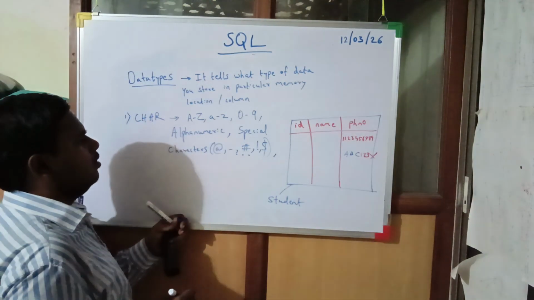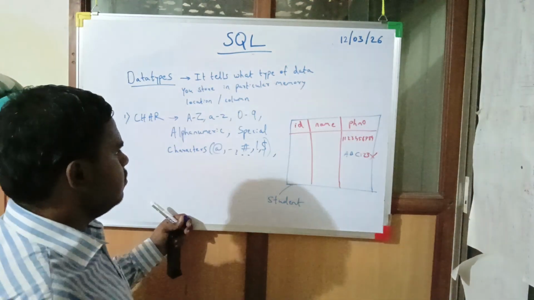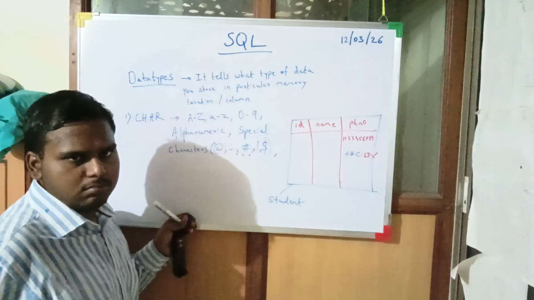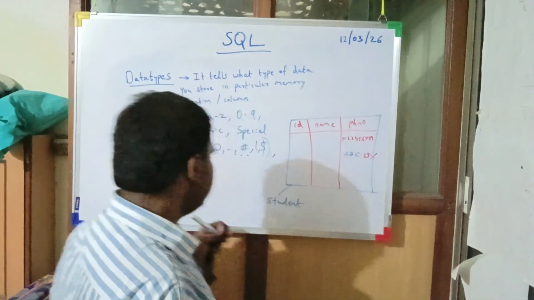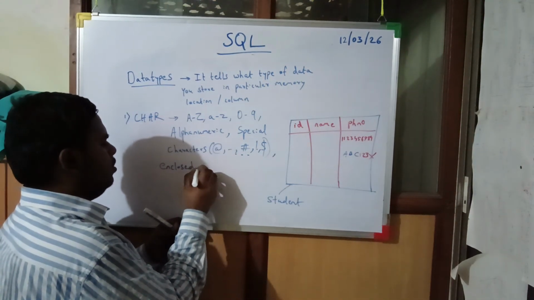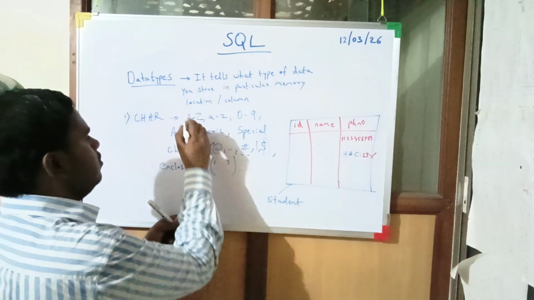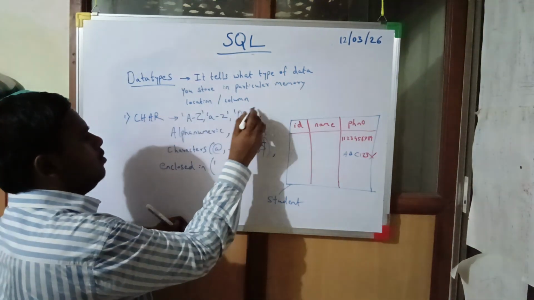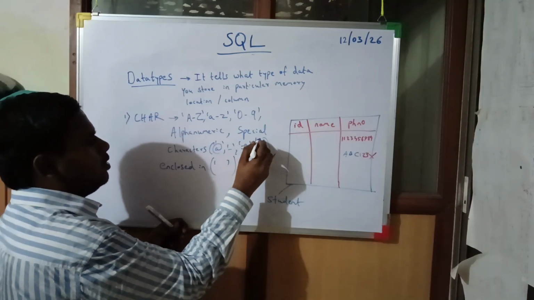Alphanumeric, special characters, anything left? Almost everything we can insert. But one condition is there: it must be enclosed in single quotes. A to Z, small a to z, 0 to 9, alphanumeric, special characters, all must be in single quotes.